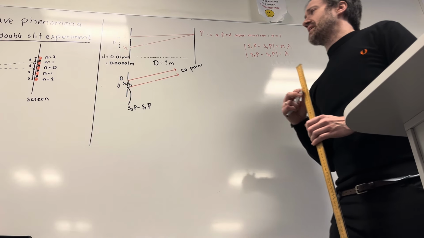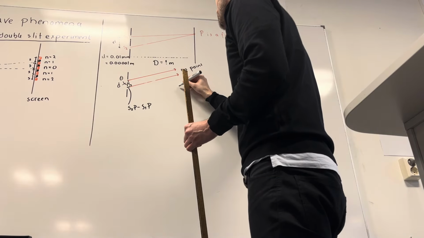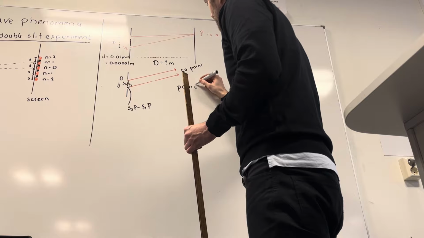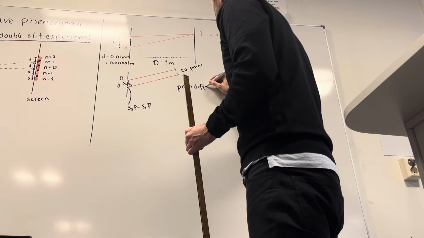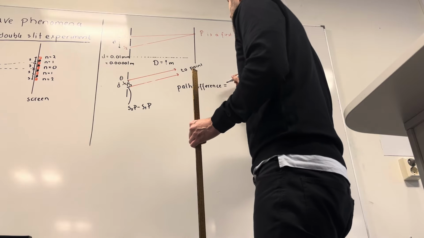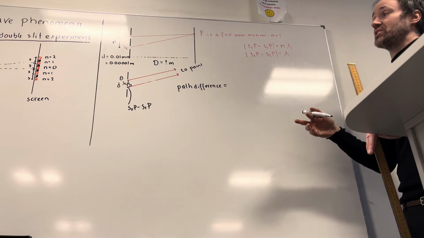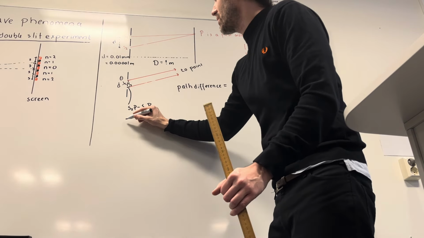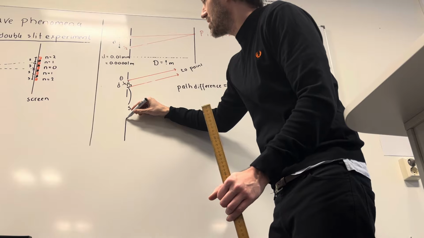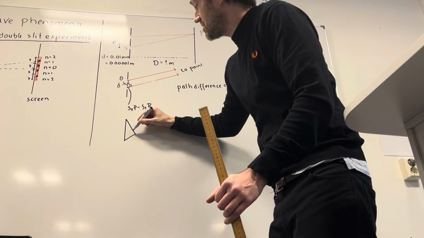So that means that the path difference, I just call it path difference. And we're going to use this formula later in quantum physics as well, so we have to have it. And that path difference, if you look at the trigonometry, if I draw the diagram a bit bigger, it's going to look something like this. This is our diagram.